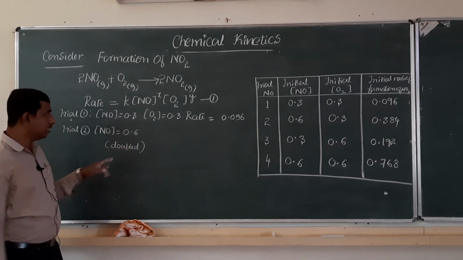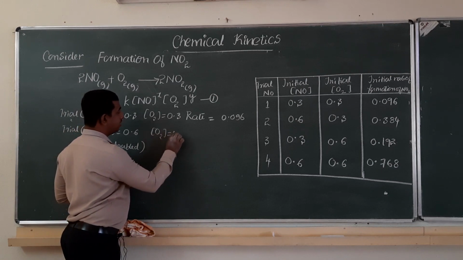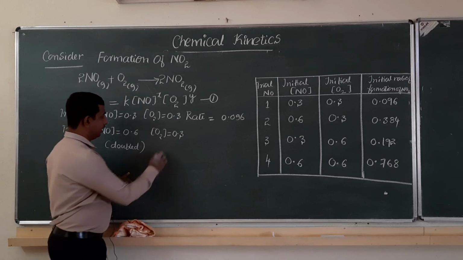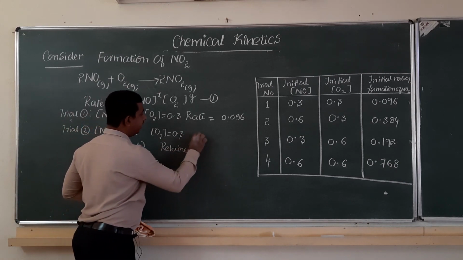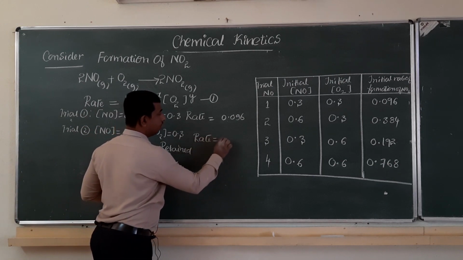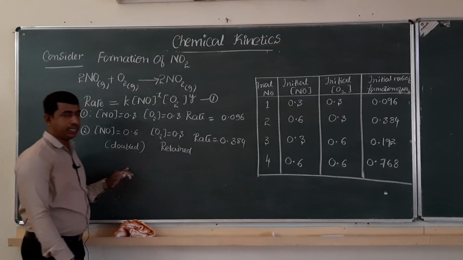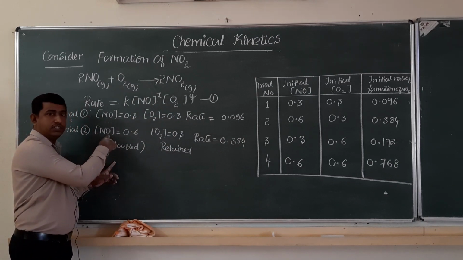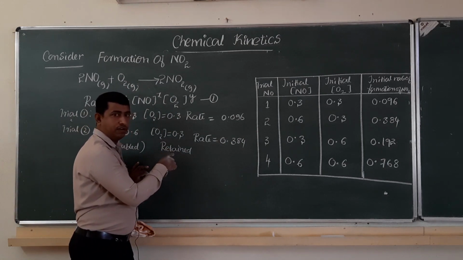Concentration of O2 is retained as it is. Now, rate is found to be 0.384. See here, there is change in the concentration of NO. There is no change in the concentration of O2.